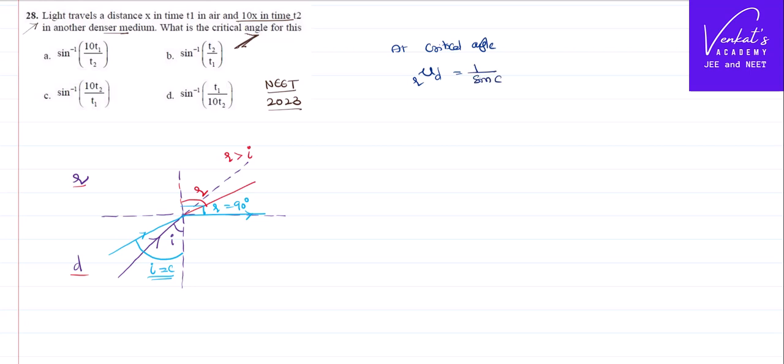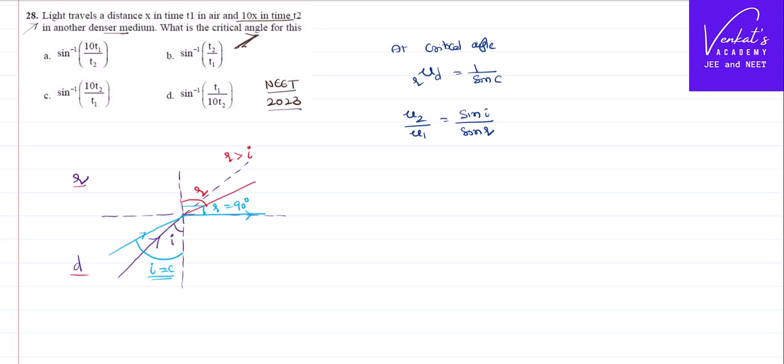This actually comes from Snell's law. Mu 2 by mu 1 equals sin i by sin r. This is Snell's law.